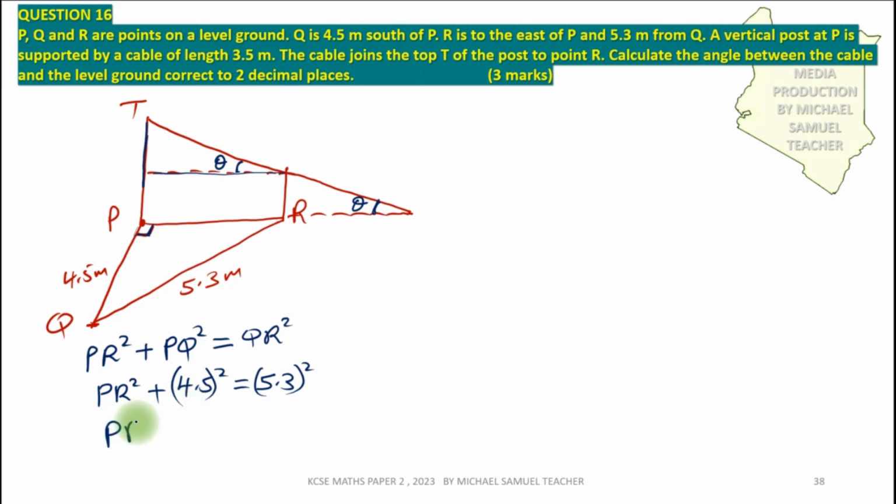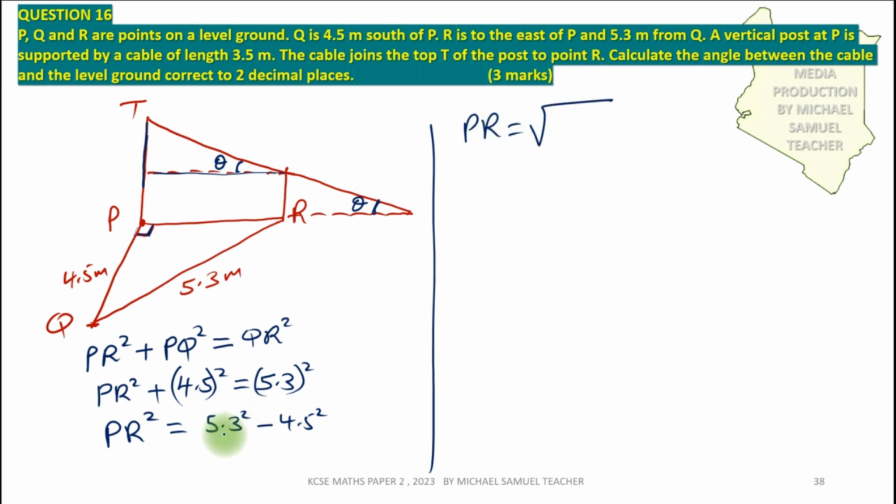Then PR squared is equal to 5.3 squared minus 4.5 squared. So PR will be the square root of this value. We get 7.84, which gives 2.8 meters. So PR is 2.8 meters.